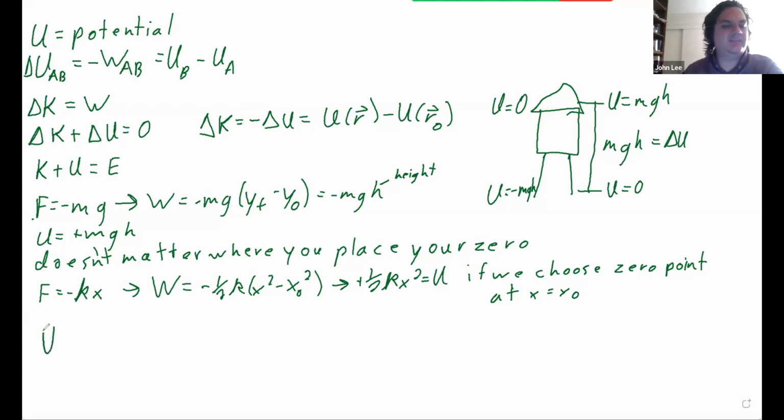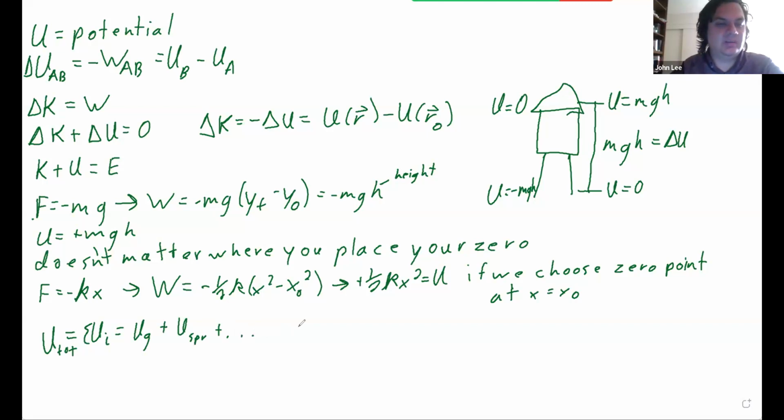So if this is the case, then U total is just going to be equal to the sum of U_i, which is equal to the energy from the gravity plus the energy from the spring, plus any other energies that might come up, any other forces that might be adding potential energy to the material.